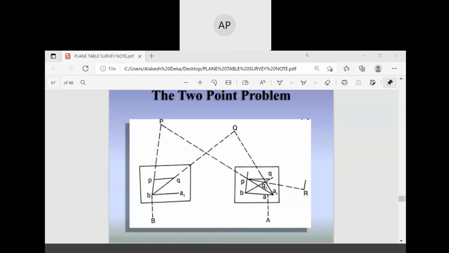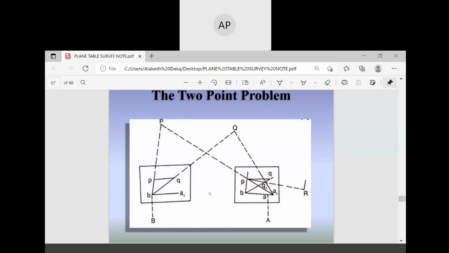See here in this figure, the table is shifted to the A position. Okay, P, this triangle is already drawn here, isn't it? BA, we have already got the distance. How do you find BA? From this position, you measure the horizontal distance, put a ranging rod on station A, and you plot this distance. Suppose 10 centimeter, isn't it?